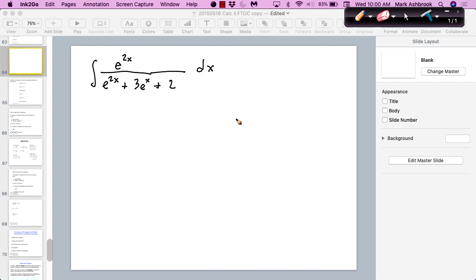Okay, so here we come to this one, and we say, is it simple and straightforward? Is there some function whose derivative is that? No, right? That's pretty complicated. And so then we ask, is it undoing the chain rule?